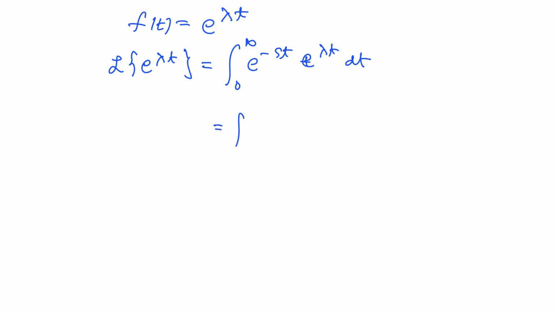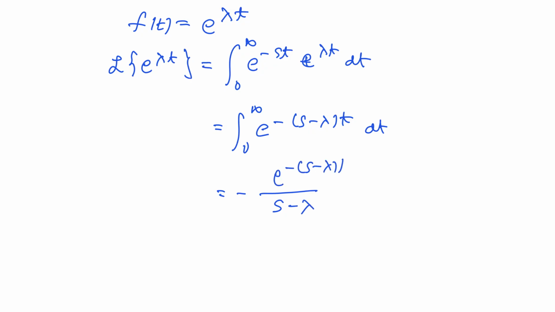So that is the integral of exponential minus (s minus lambda) t dt, which is minus 1 over (s minus lambda) exponential minus (s minus lambda) t from 0 to infinity, which gives 1 over s minus lambda, right?